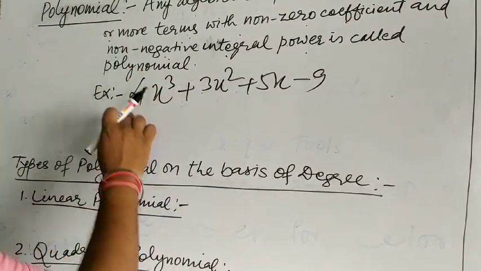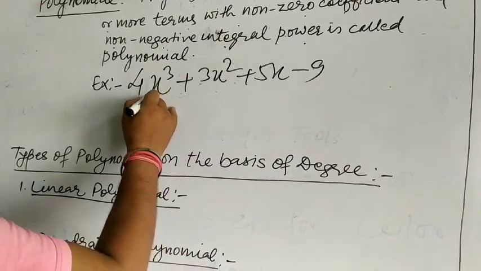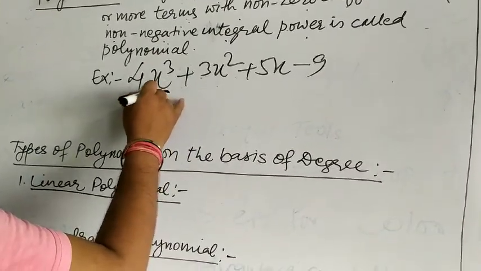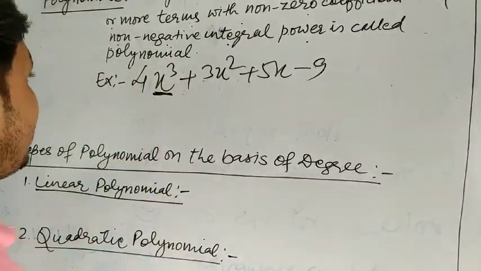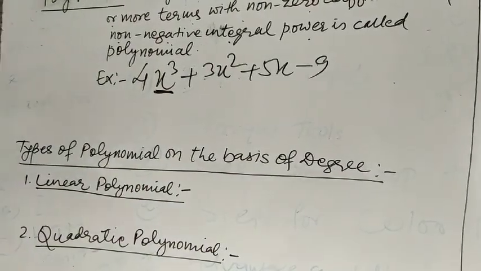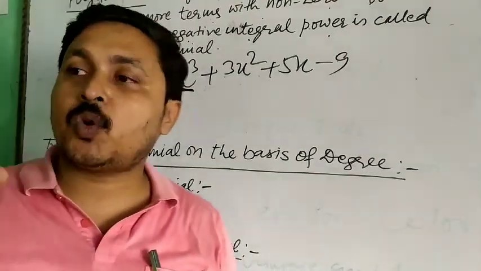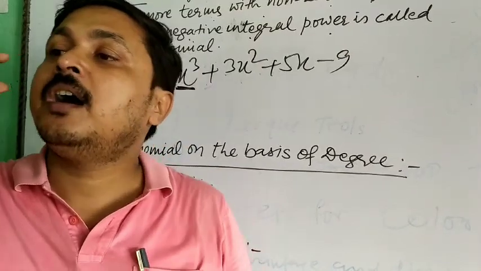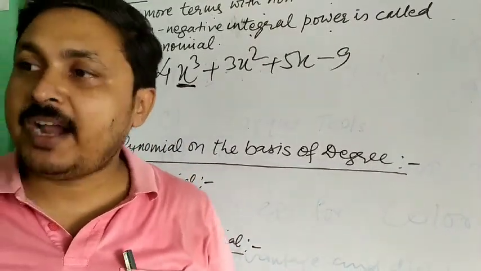The other thing concerns the variables. They must have non-negative integral powers. That means the power can never be negative, never in a root, never in the denominator, that is, divided.